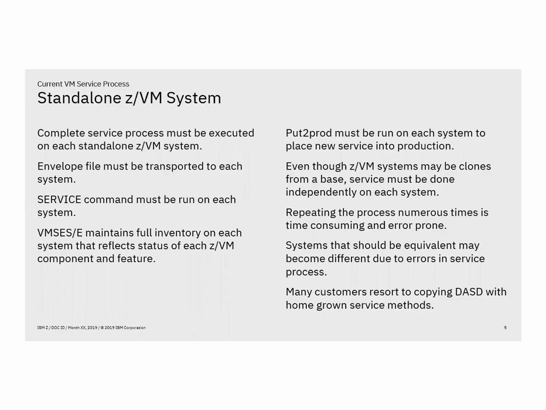And the service inventory is maintained separately on each system. So sometimes it becomes fairly hard to keep track of what service is actually on a particular non-SSI zVM system. So those are problems that, as you scale your VM environment horizontally, need to be addressed.